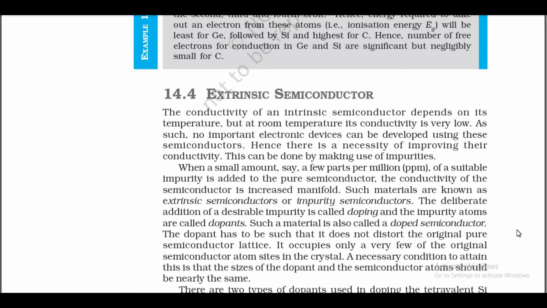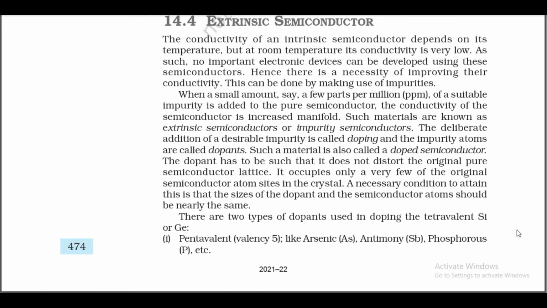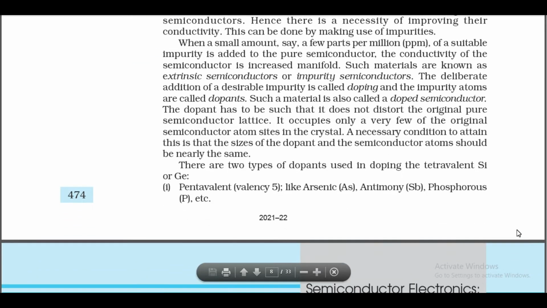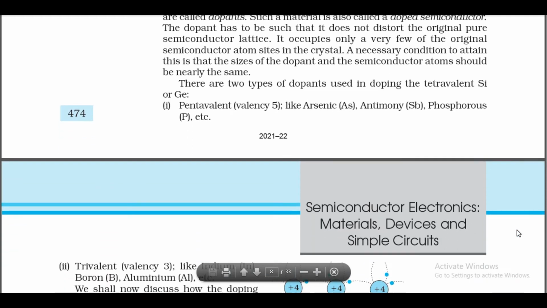A necessary condition to attain this is that the size of the dopant and the semiconductor atoms should be nearly the same. There are two types of dopants used in doping.